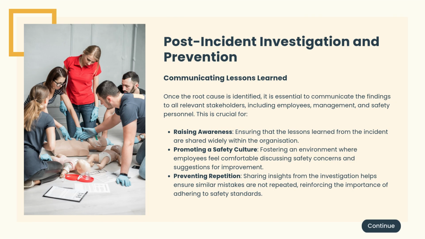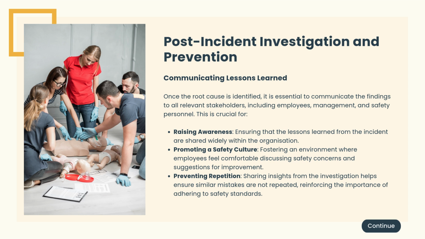Communicating lessons learned. Once the root cause is identified, it is essential to communicate the findings to all relevant stakeholders, including employees, management, and safety personnel. This is crucial for raising awareness, ensuring that the lessons learned from the incident are shared widely within the organization.